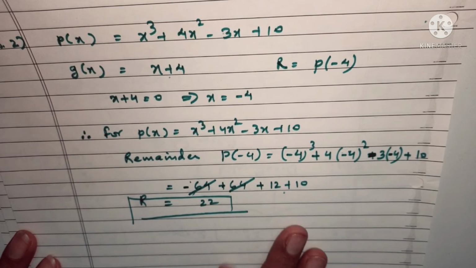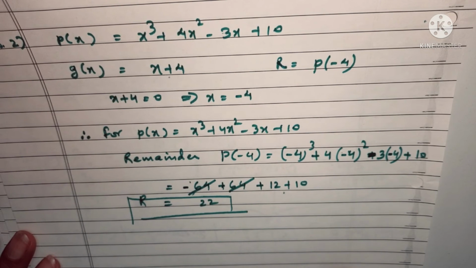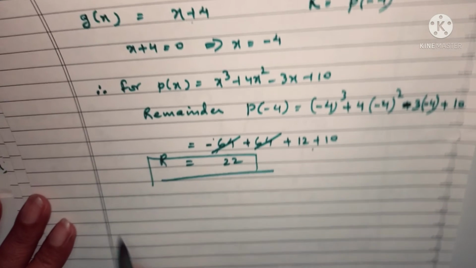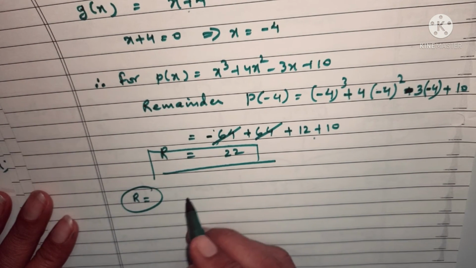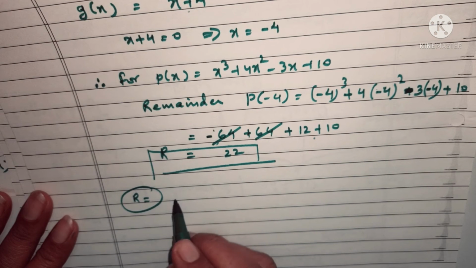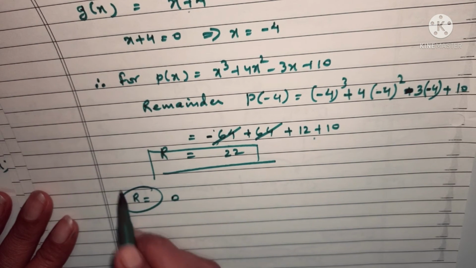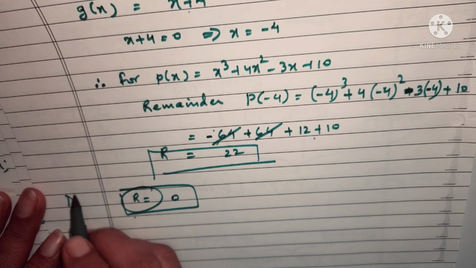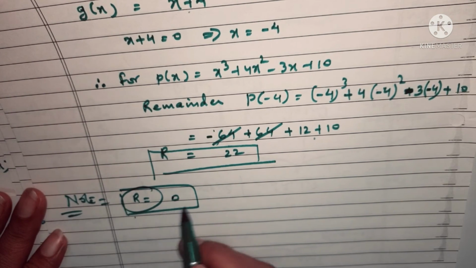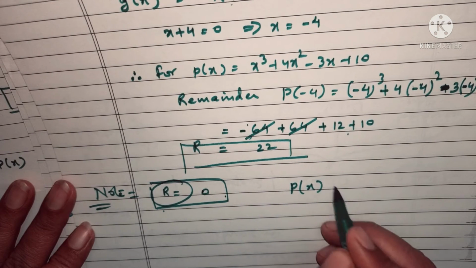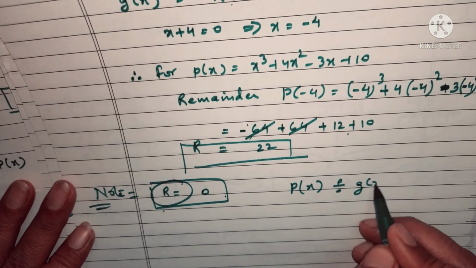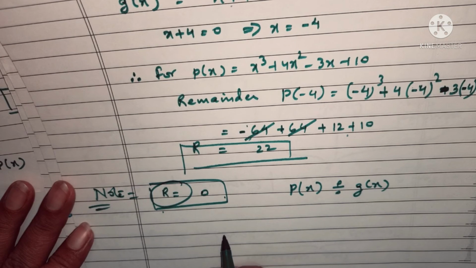Okay, so this is how you are going to find the remainder by the remainder theorem. Otherwise you have the long division method to find the remainder, isn't it? One thing more: if you get the value of the remainder equal to 0, this is a note for you. It means the polynomial P(x) is completely divided by the linear expression G(x).